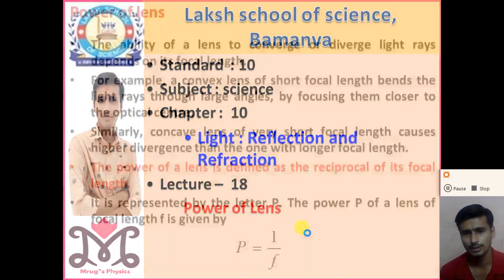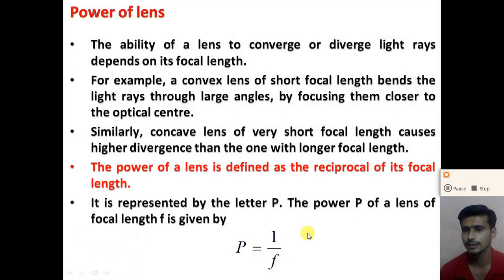We know that a lens converges or diverts the rays of light. The convex lens converges the rays of light incident on it, whereas the concave lens diverts the rays of light incident on it.